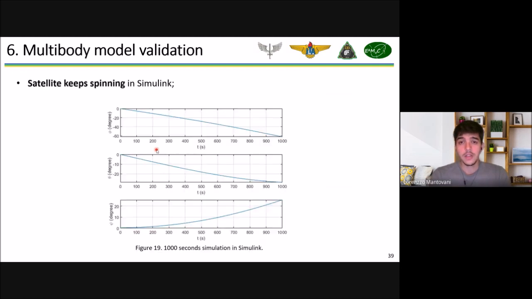But what happens is that if we simulate the Simulink model for 1,000 seconds, the satellite will keep spinning, and this should not happen. In all other cases we simulated, the satellite should converge to a specific angular position, especially because there's damping in our system, and should not just keep spinning or increase its angular velocity. So we believe that there's a problem in the Simulink toolbox for this specific case.